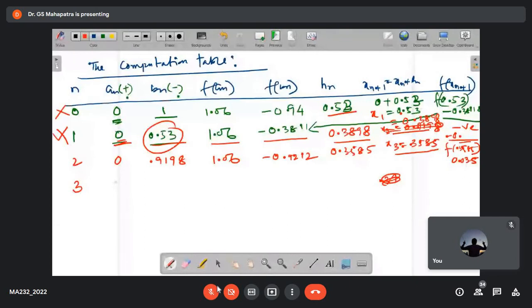Bn will change, correct? Then Bn will. Here we'll get something different, correct now? Yeah. Okay. Just wait then. So in this iteration itself, a mistake is there.